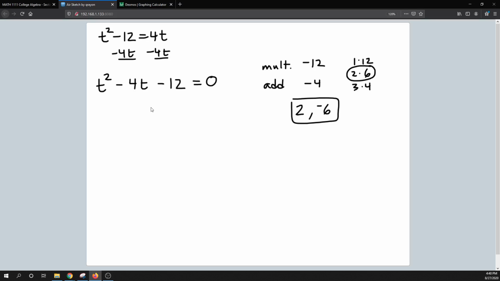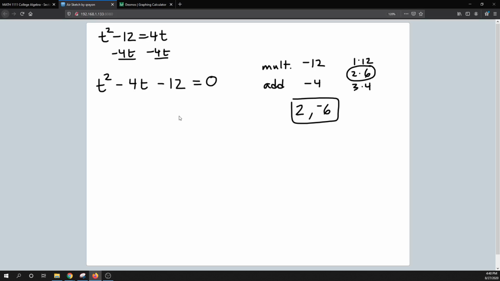In the first examples, if you were watching the other videos about the AC method, I purposely did the more complicated examples, the ones where your A is anything besides 1. All of them were of the more complicated variety. The easy example is where the number with the squared term is a 1, and that's this case.